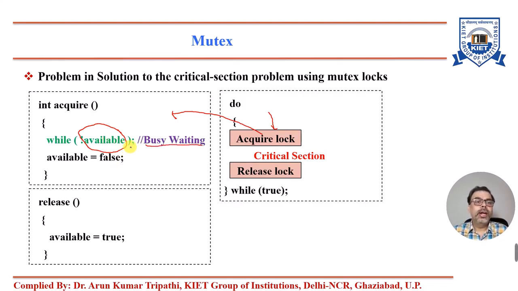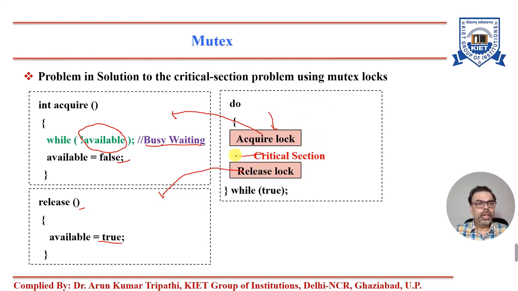And if it is available, that means the condition is true, so it will set available equal to false and enter into the critical section. When it comes out of the critical section, it will release the lock, so it will set available equal to true. So this is the procedure of how the mutex works.